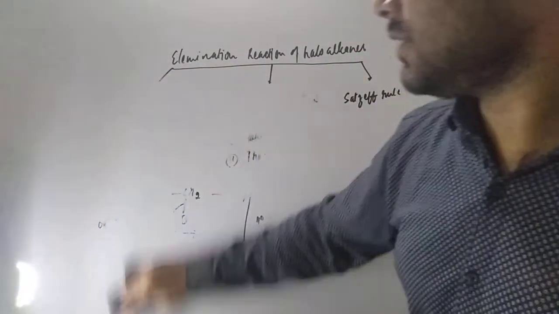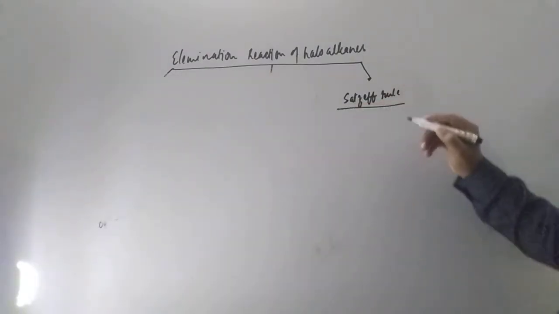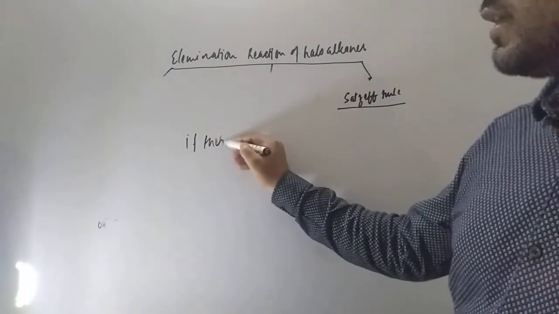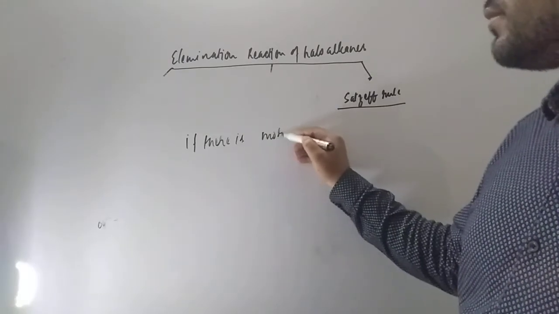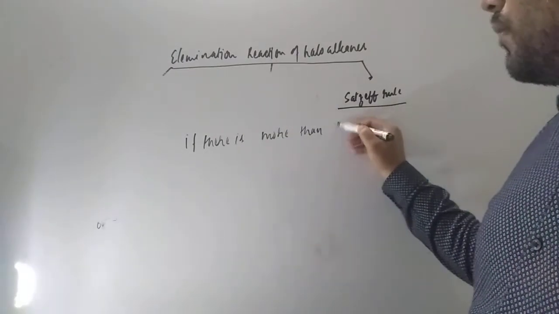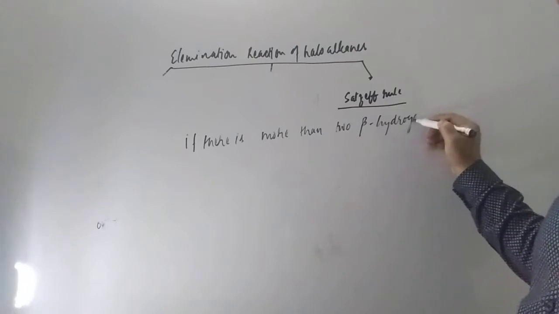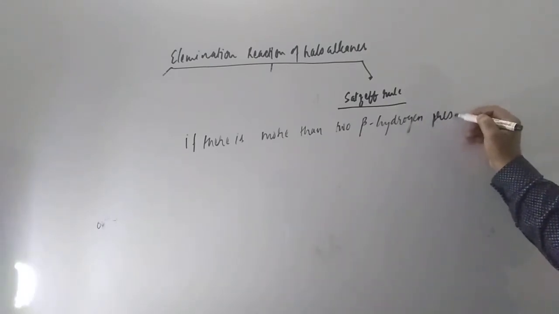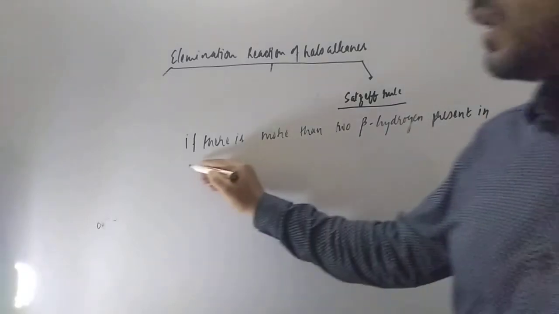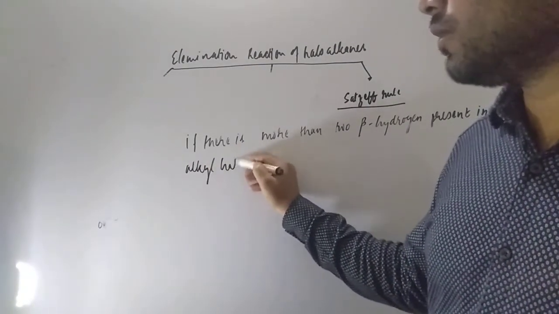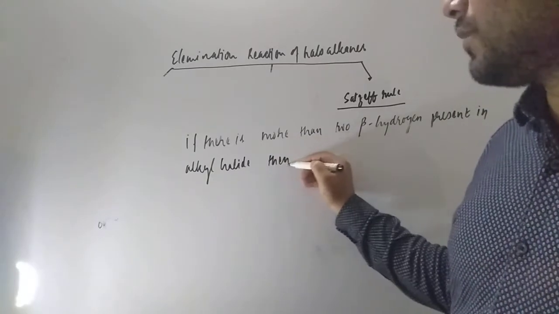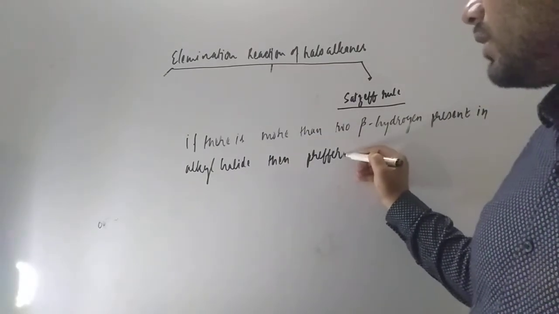Out of all the elimination reactions, the Saytzeff rule is the most important rule for competitive exams also. So what is the Saytzeff rule saying? The Saytzeff rule says that if there is more than one beta hydrogen present in an alkyl halide, then what would be the preferred product?